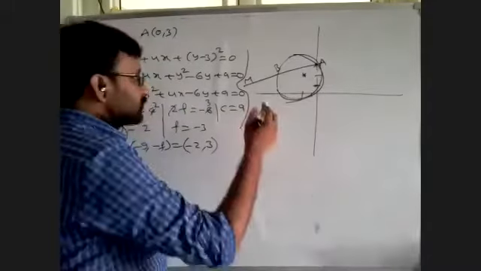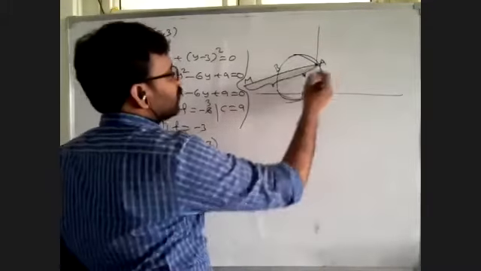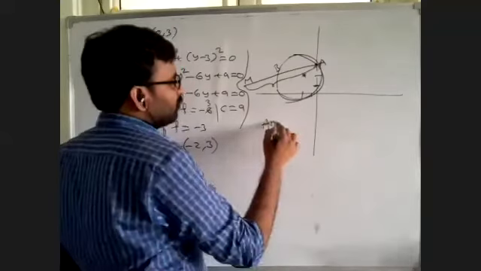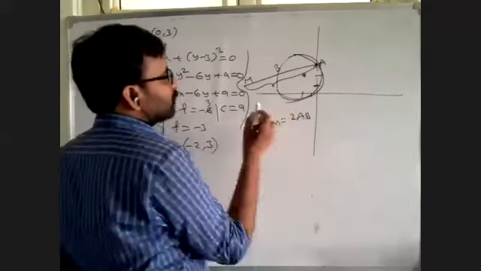This total AM is equal to 2AB, 2 times of AB.